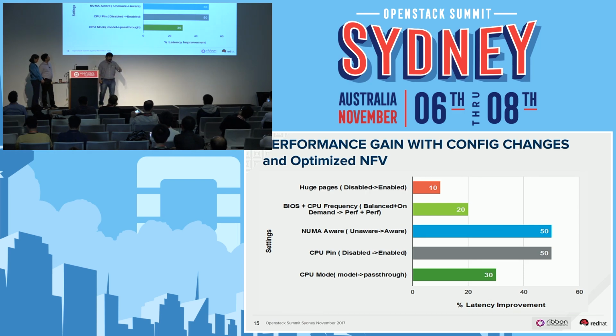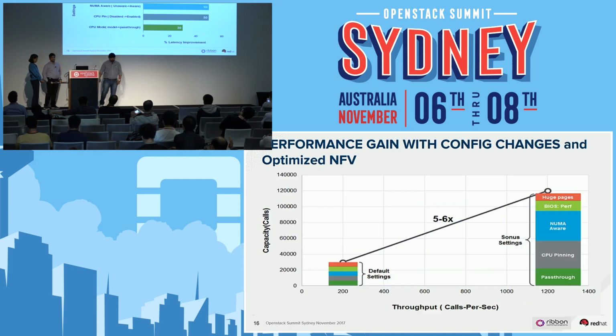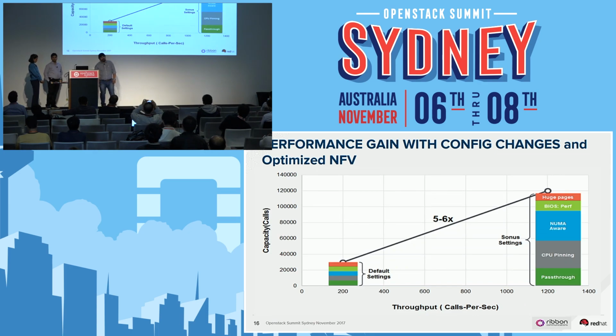The NUMA awareness, the pinning of CPUs, the CPU mode give equivalent improvements in performance. Same goes with the calls per second, which is also very important for any telco NFV. You can see with the optimized NFV and all the optimization in OpenStack, we can gain around 5 to 6 times the calls per second, which with the default settings will be much less.